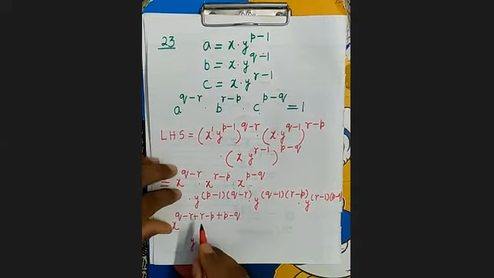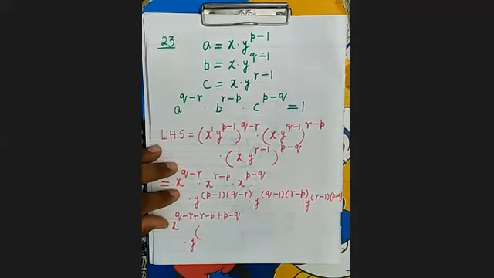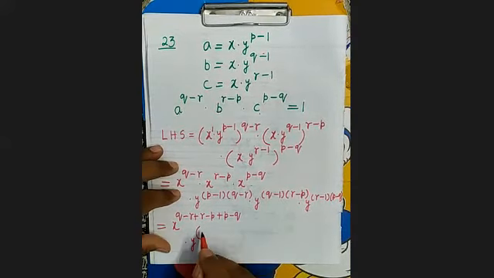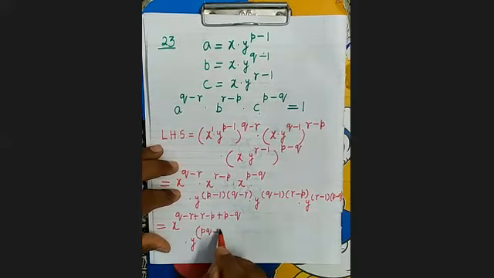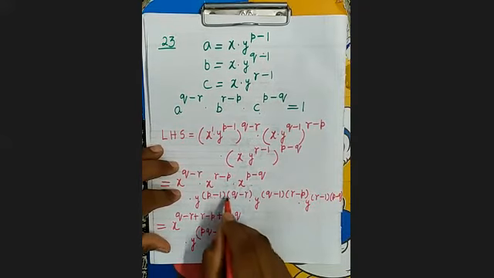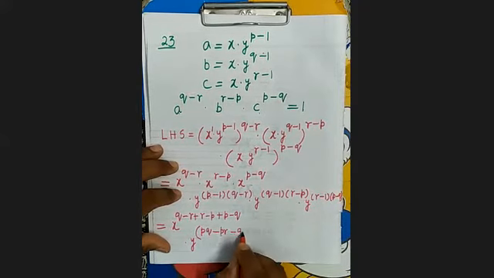When you add the powers, what will you get? p minus 1 into q minus r, what will you get? pq minus pr minus q, I am writing together, plus r.